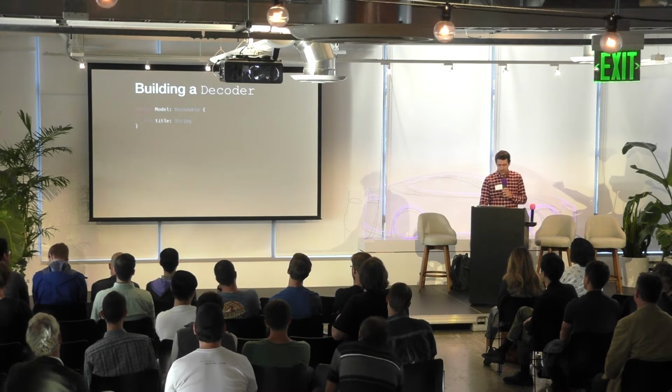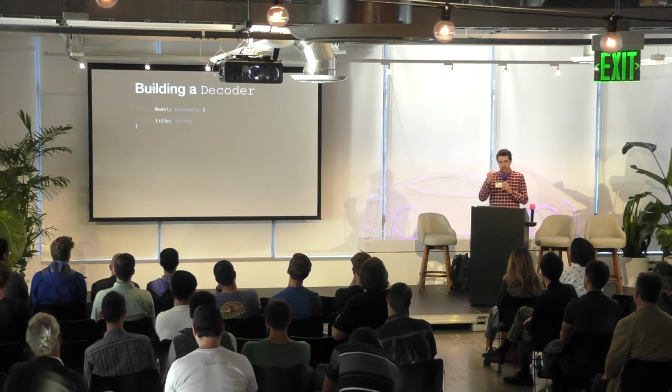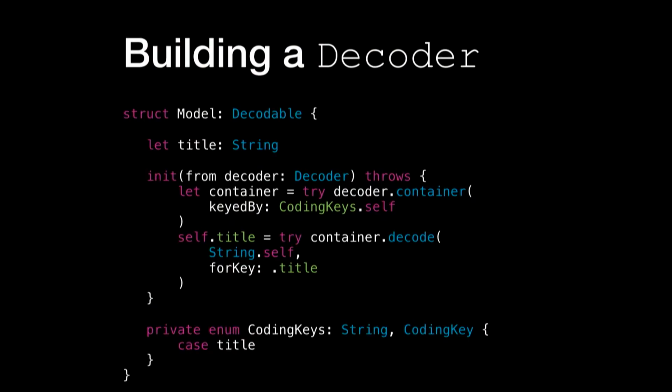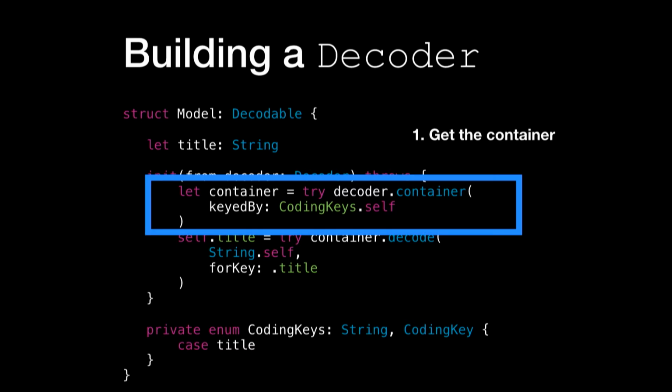And to illustrate what's going on here and analyze the high-level steps, I've written out what the Decodable implementation might look like for our model. The two high-level steps that I want you to remember before we dig into Decoder itself are, first, we want to extract a container from our decoder.